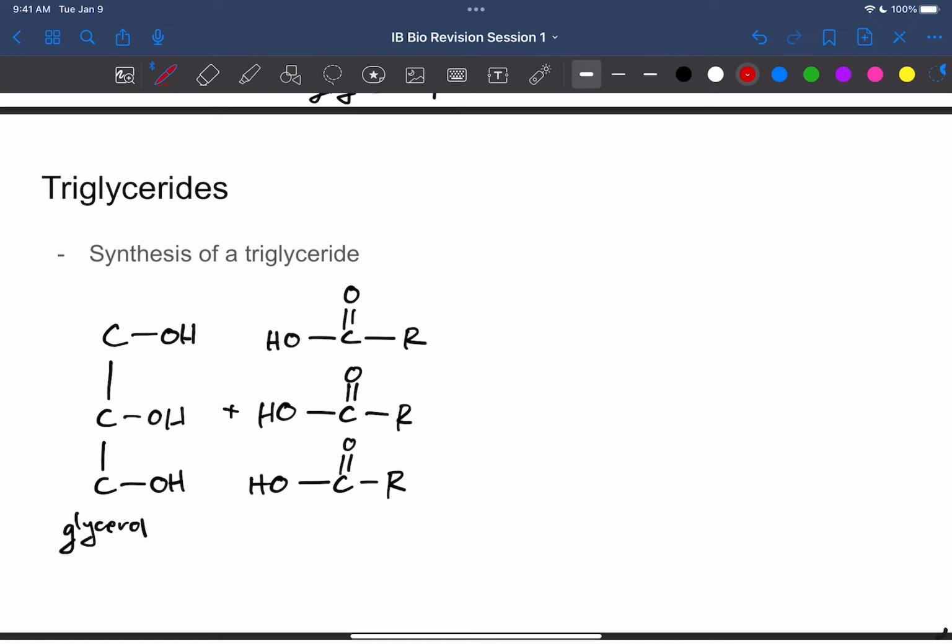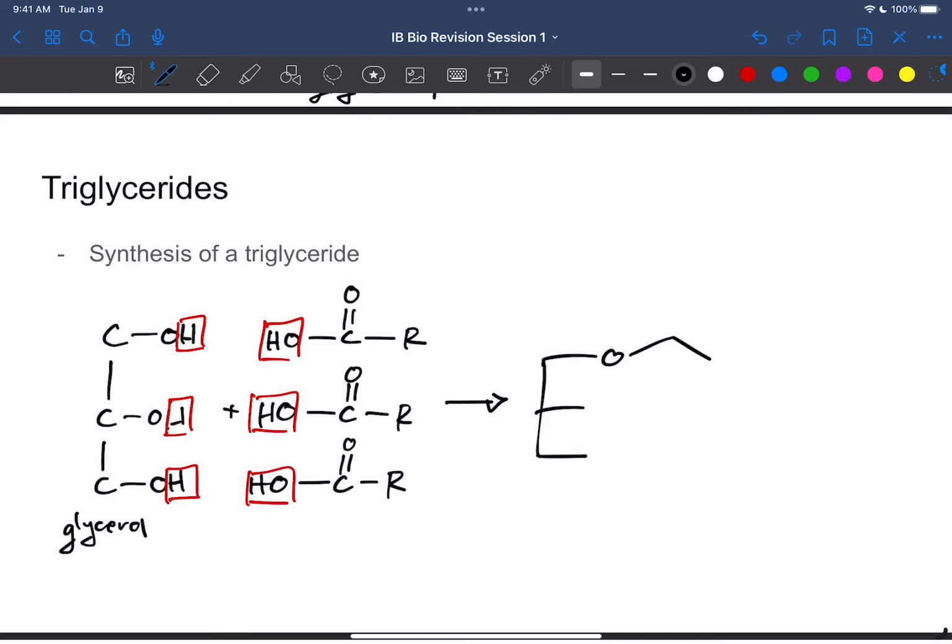These are all going to produce condensation reactions. And what they're going to do is the result is going to look like this. This is a triglyceride.